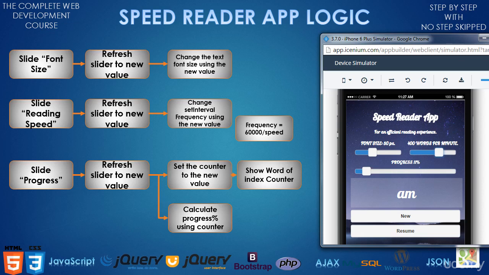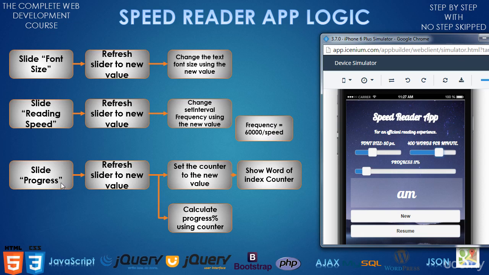Okay, so we're going to change that frequency of 200 milliseconds using the new value. And by the way, the frequency is going to be calculated using the speed as following. So we're going to go for 60 seconds divided by the speed, or 60,000 milliseconds divided by the speed. Okay, and we're going to see this in detail in the code.